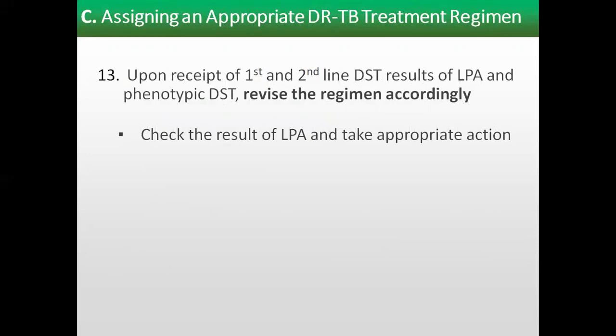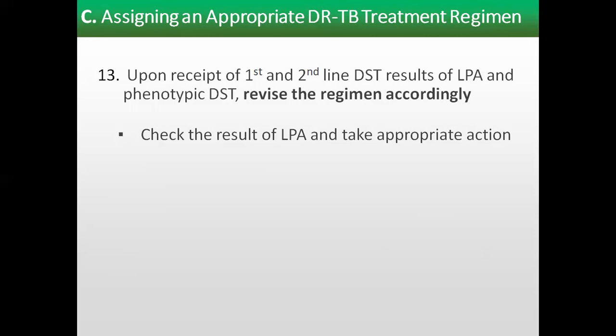So, ayan. So, you have started the regimen na, and then now, after 2 weeks, you have received the first and second line drug susceptibility results of your line probe assay and phenotypic DST. So, once dumating na yun, we now revise the regimen accordingly, depending kung saan yung susceptible and saan yung may mga resistance patterns.